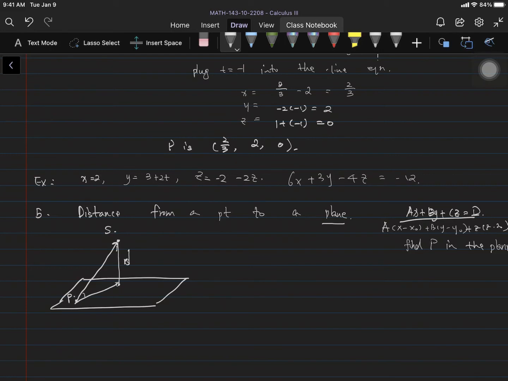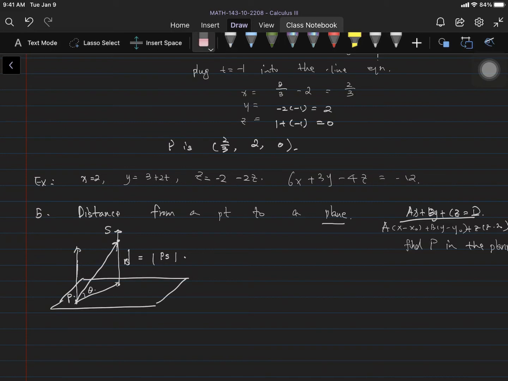So the distance equals the PS length times, depends on what theta is. Let's see what vectors we know. We know the normal vector, and the other vector we know is PS.